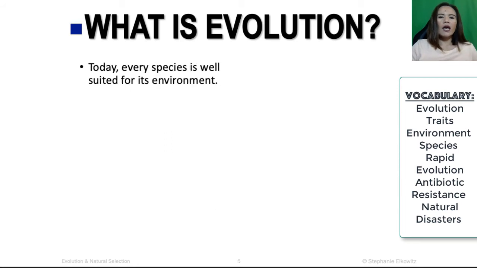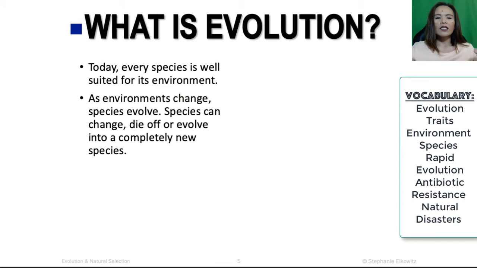Now, today every species is well suited for their environment. And normally, as the environment changes, evolution happens, and species can either die off or evolve into a completely new species. Let's take a look at the example of the polar bear.